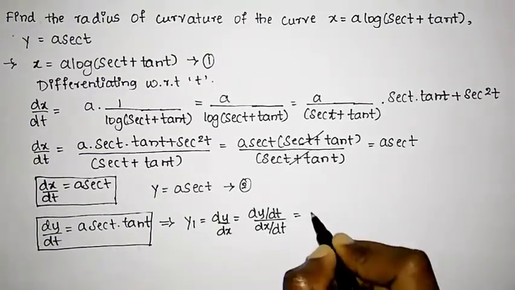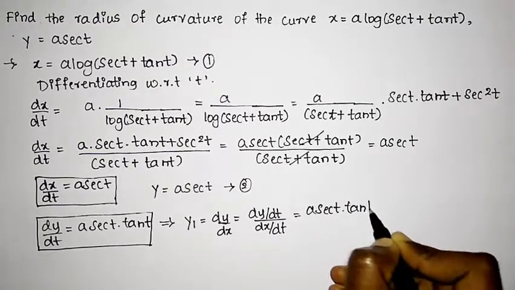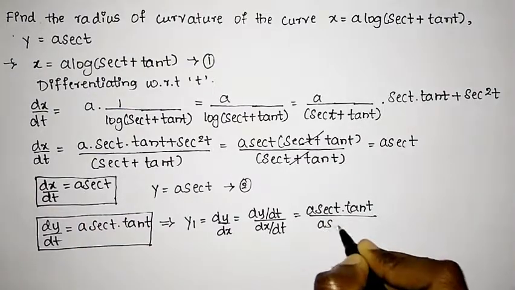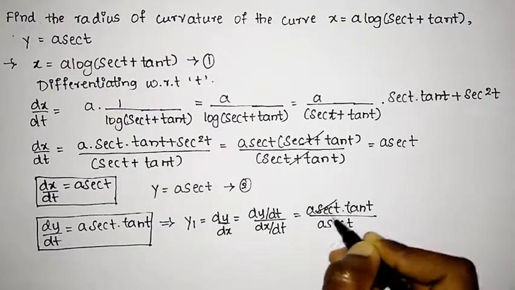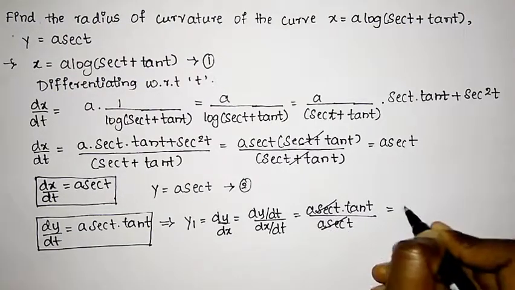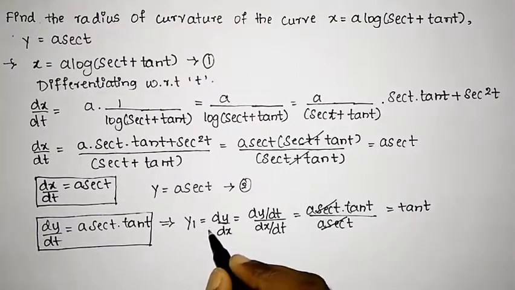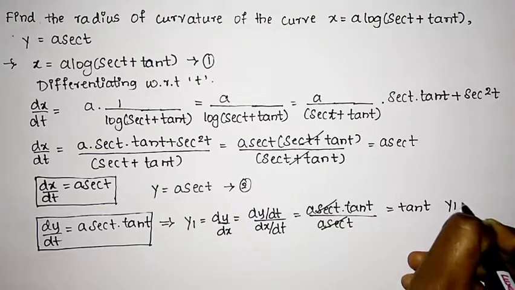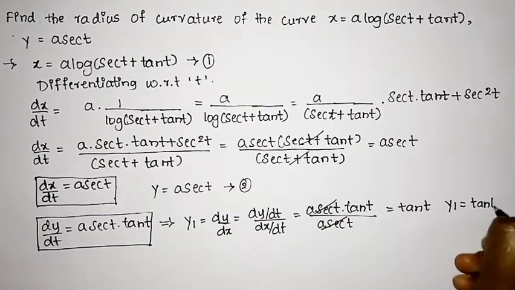So dy upon dt is nothing but a into sec t into tan t, divided by dx upon dt, which is nothing but a into sec t. So here again we can cancel a into sec t and a into sec t, so remaining is tan t. So this is nothing but y1. Thus we obtained that y1 is equal to tan t.